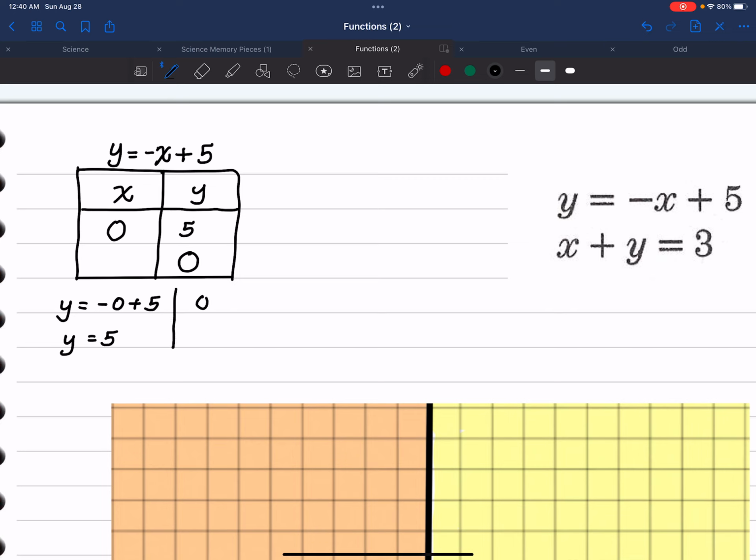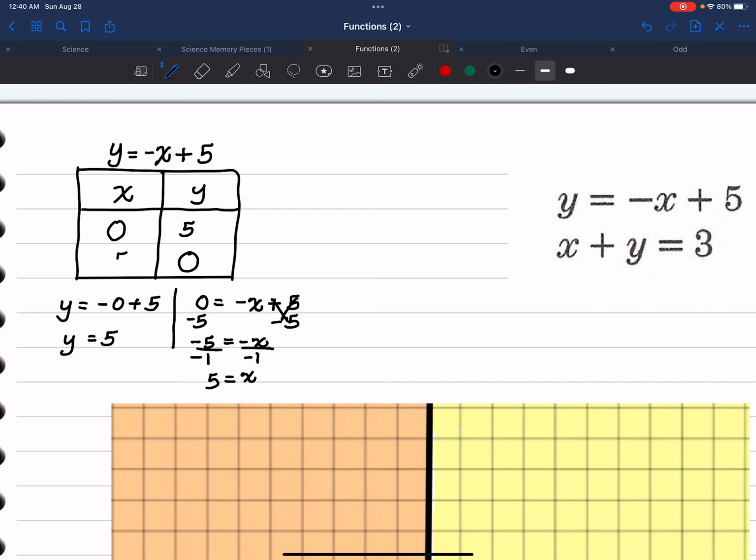And when y is 0, we have negative 5 equals negative x. So divide by negative 1, and you get x is 5.